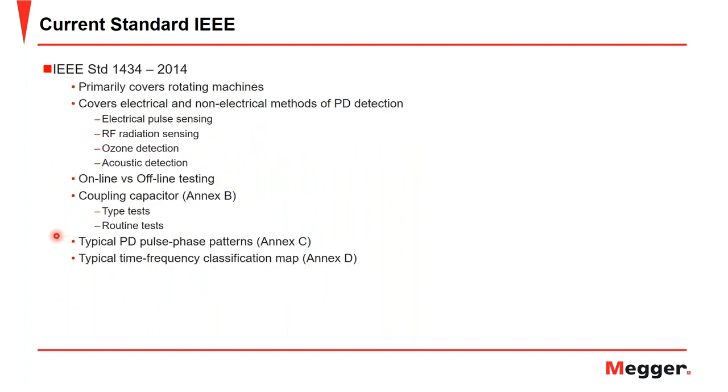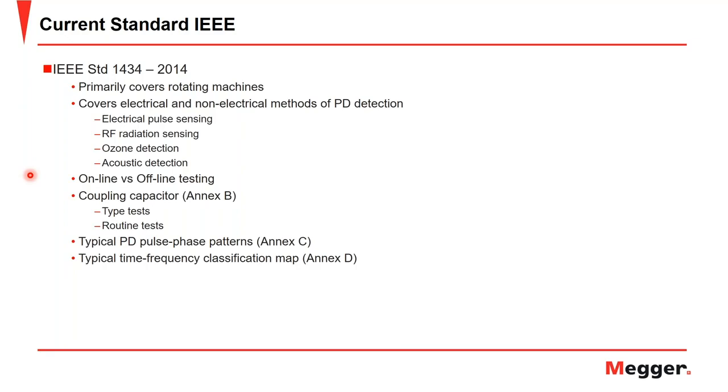Here we have the current IEEE standard, IEEE 1434. This primarily covers rotating machines, but also covers the electrical and non-electrical methods of PD detection, such as electrical pulse sensing, RF radiation sensing, ozone detection, and acoustic detection.